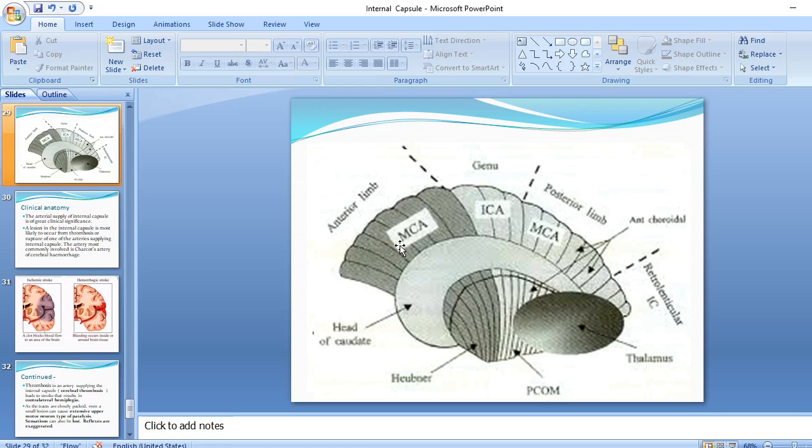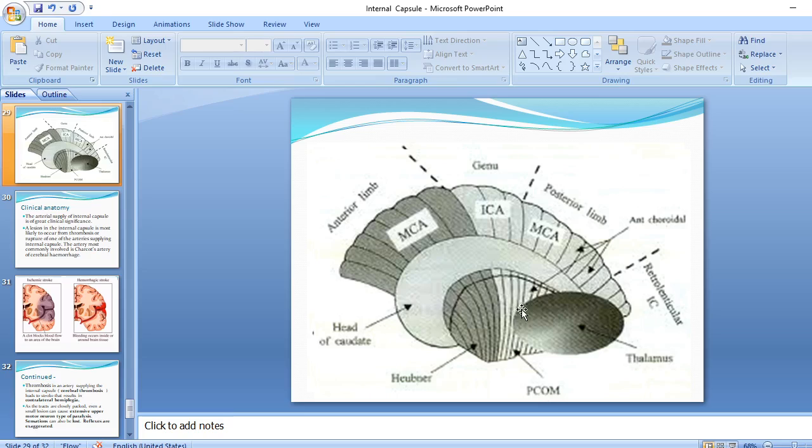The upper part of the anterior limb, genu, and posterior limb are supplied as follows: the anterior limb by the middle cerebral artery, the genu by the internal carotid artery, and the posterior limb again by the middle cerebral artery.